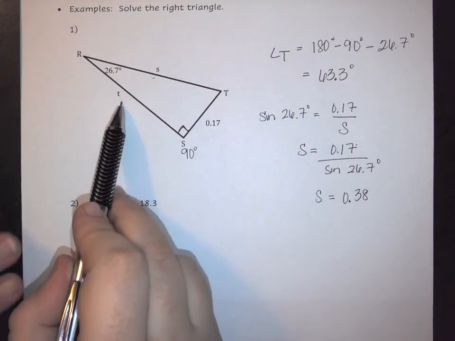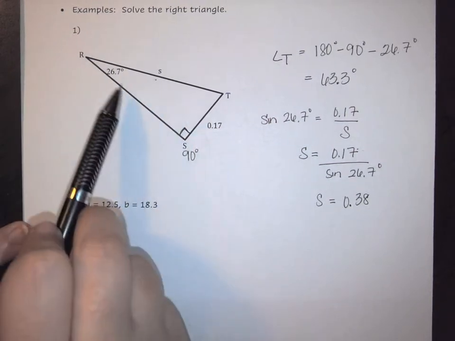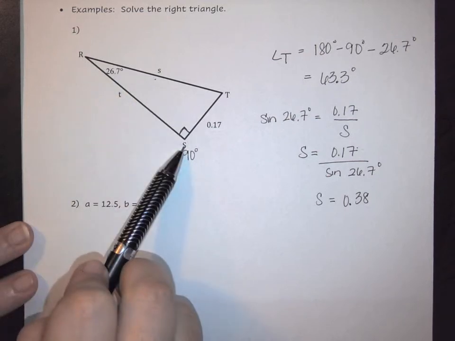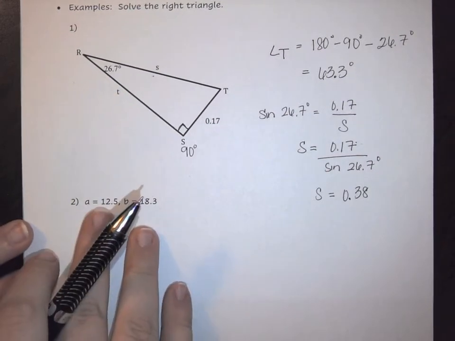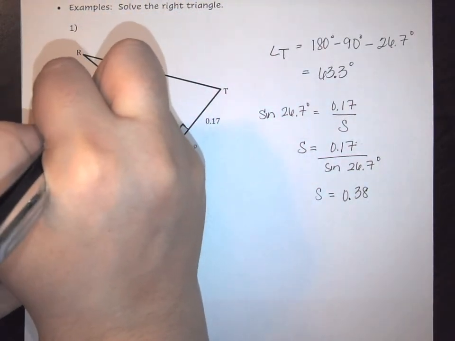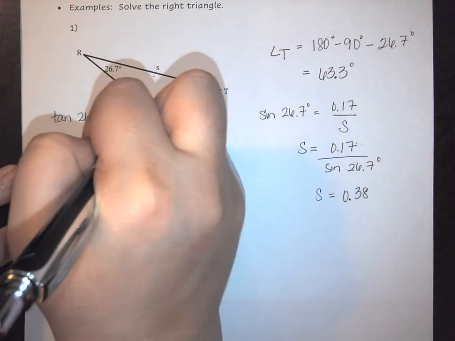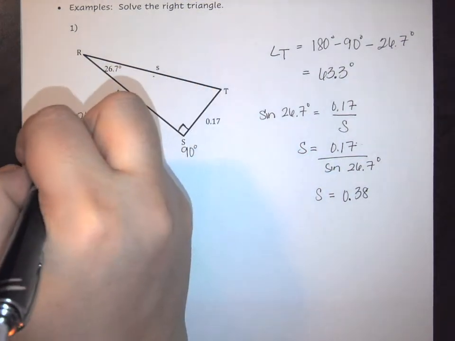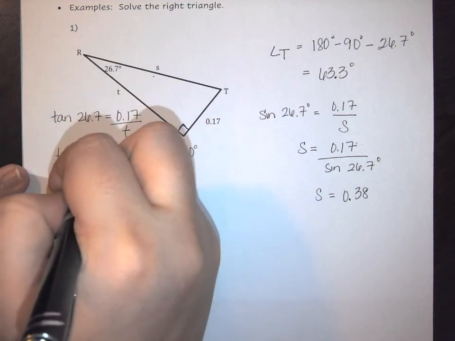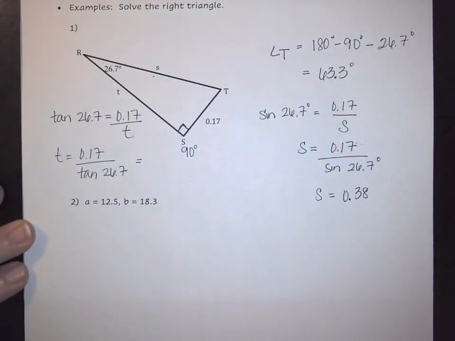Now after that, we have to find T. So we're going to use the same thing. We're going to use the two pieces of given information to find the missing side. So here, adjacent is missing, but we have opposite. So we would do the tangent of 26.7 is equal to 0.17 divided by T. In this case, T is going to be 0.17 divided by the tangent of 26.7, and this is going to give us our result.